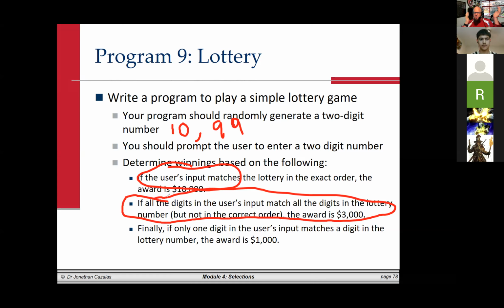So you have to think about how you do that. We've done some repls, right? Where if you have the number 74, I think all of you by this point know how to get just the 7, and you know how to get just the 4 by using mod and integer division, okay? And then once you extract the individual numbers, we need to check, do they possibly win 1,000? Otherwise, you can just tell them they are horribly not good at these types of things.